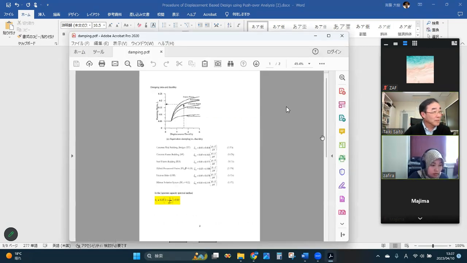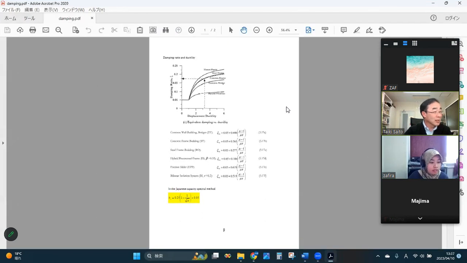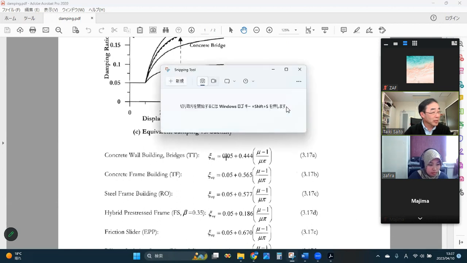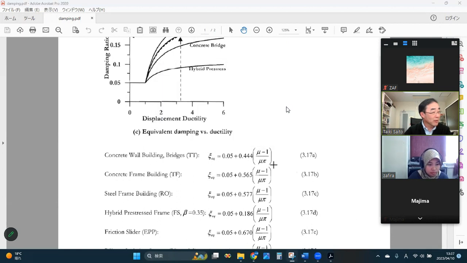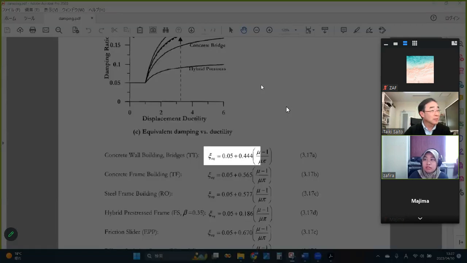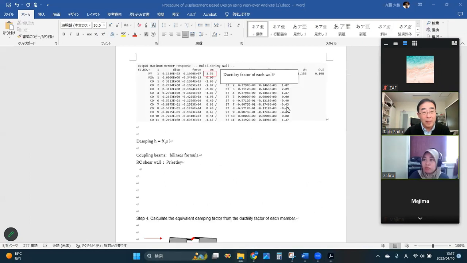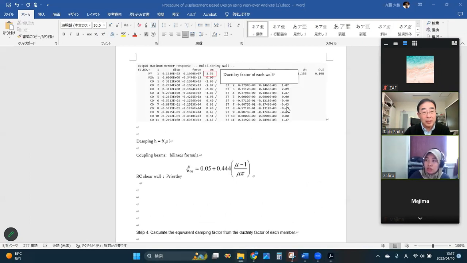Shear wall. The first one. 17A. Yeah, the wall building. And then for the coupling beam, we use h equal to 2 over pi times 1 minus 1.